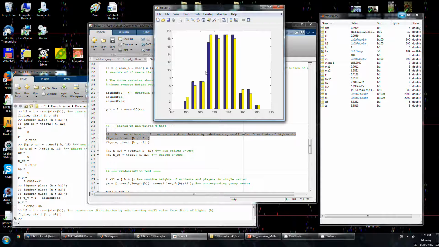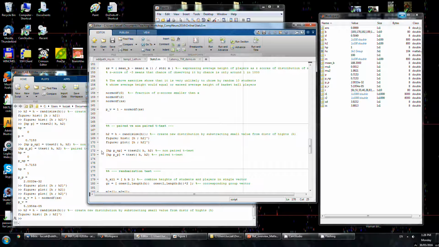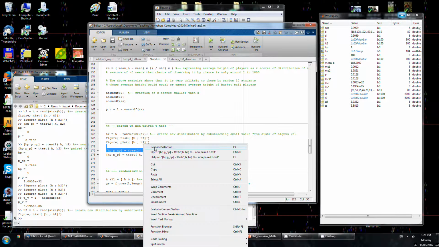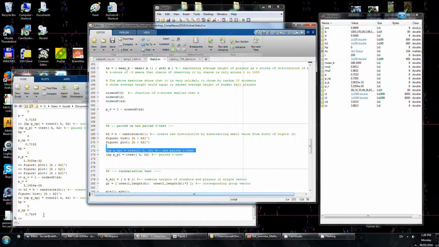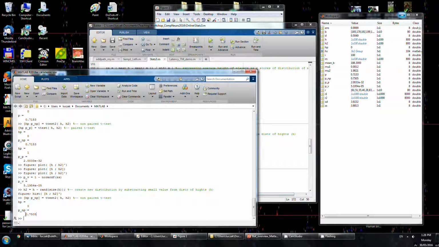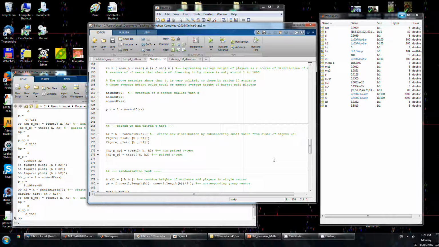It's difficult to see any difference, both distributions are highly overlapping. So if we calculate this t-test, to see if there is any statistical difference between those populations, the p-value of this non-paired test will be 0.75. So there is no statistical difference between the two distributions.